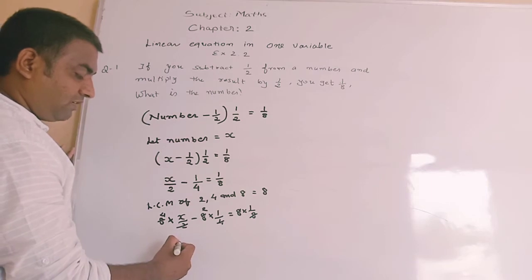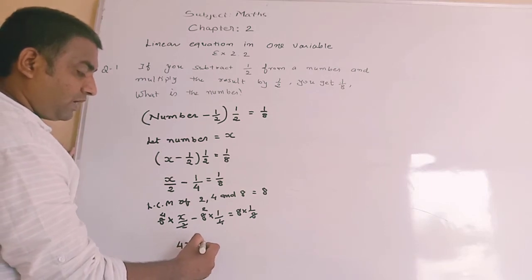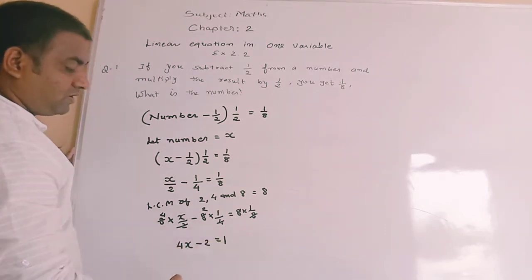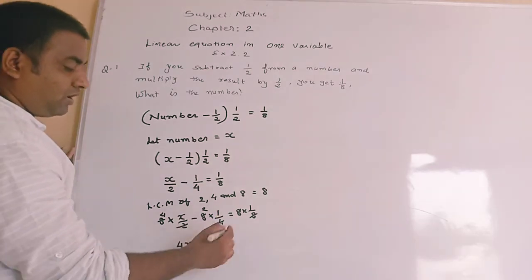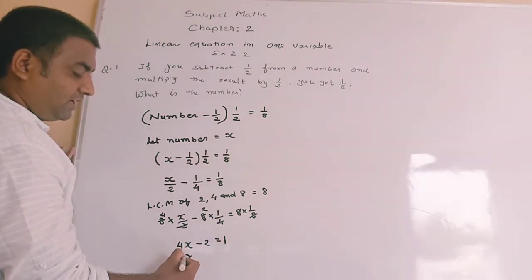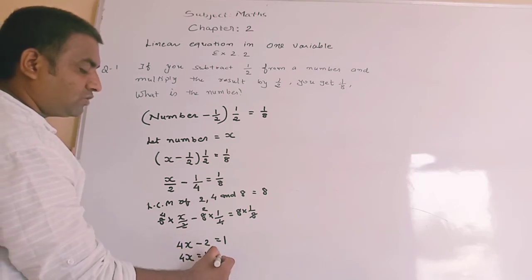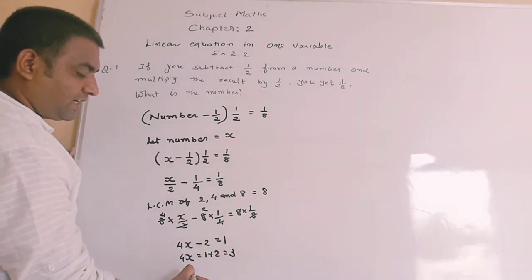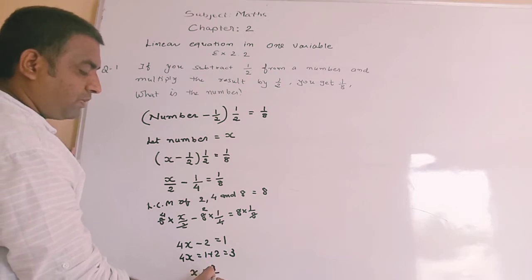So we have the equation 4x minus 2 equals 1. So 2 will go to the other side, minus will convert into plus. So 4x equals 1 plus 2, 3, and so x equals 3 by 4.